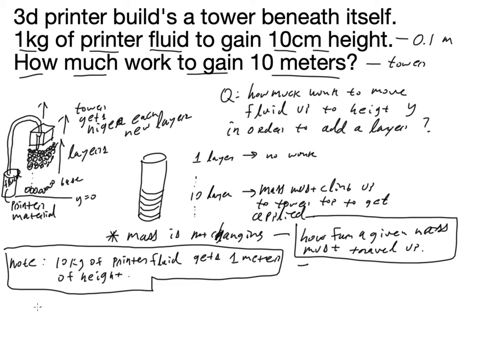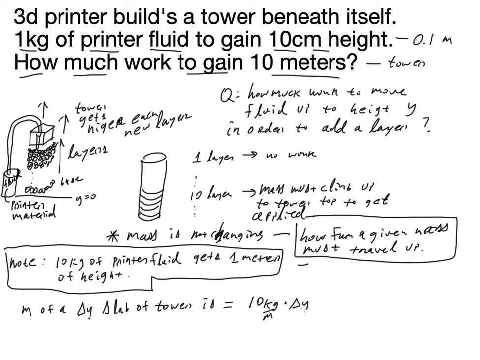All right, so what I have to do is get a mass. The mass of a delta y slab of the tower is equal to, well, what is it equal to? We have to figure out what the density is. So it's actually going to be 10 kilograms per meter, right?